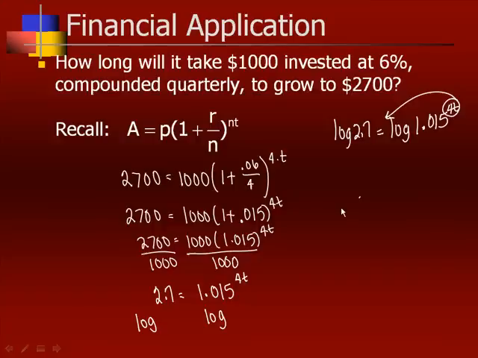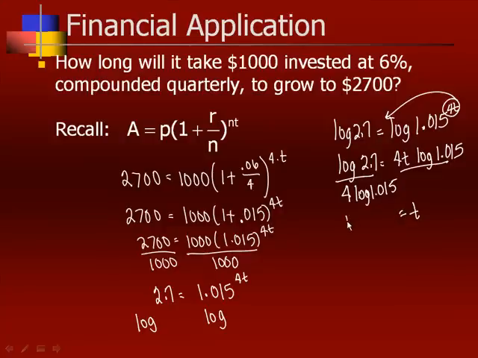Now we bring our 4t out to the front, and we get the log of 2.7 equals 4t times the log of 1.015. Dividing both sides by 4 times the log of 1.015 gives us t is equal to the log of 2.7 divided by 4 times the log of 1.015.